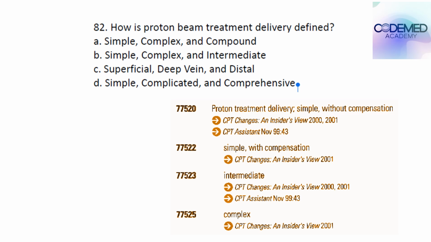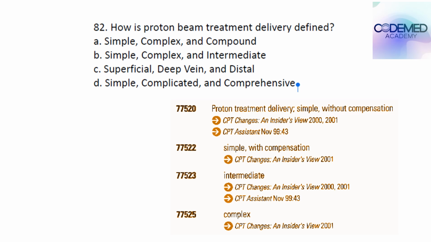How is proton beam treatment delivery defined? Many a time, to find the exact CPT coding guideline, we get confused. So you should always take the help of the index. You can go into the index under proton beam delivery, and you will find the code.